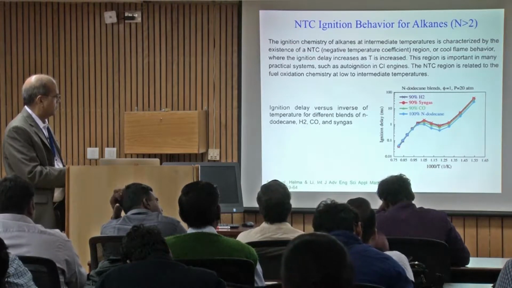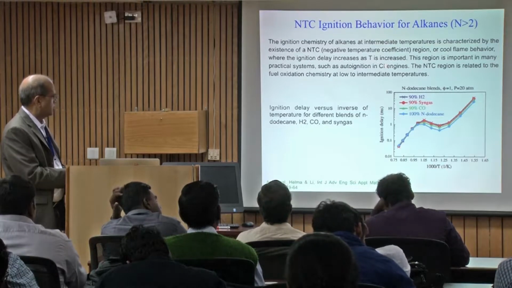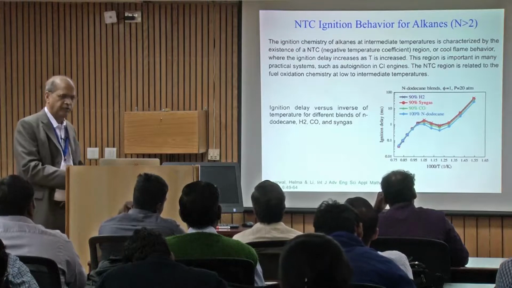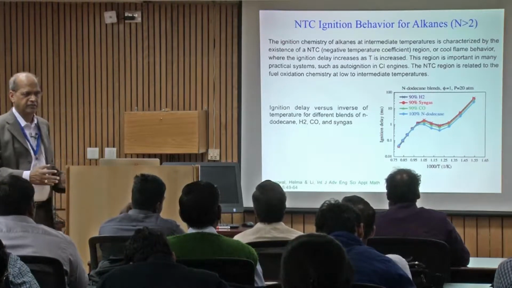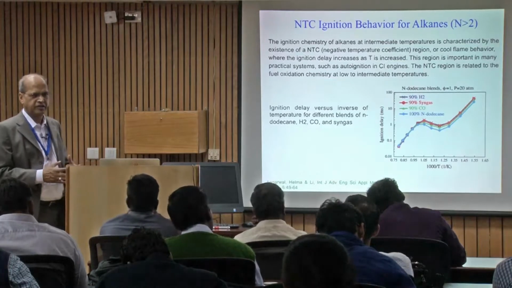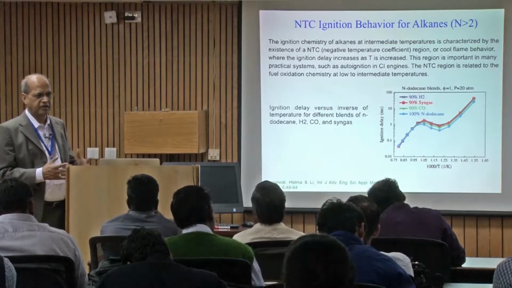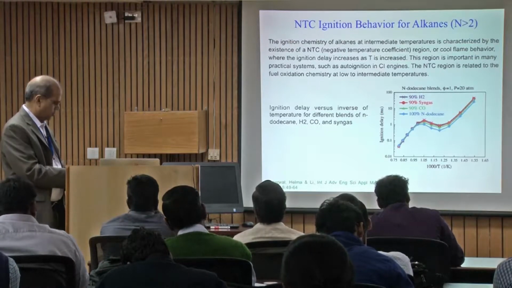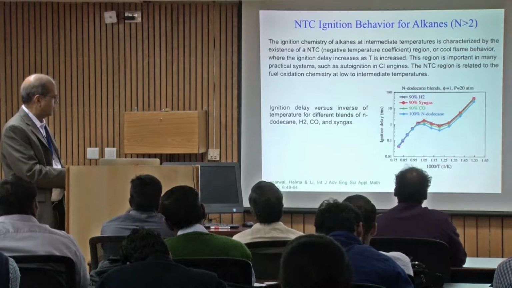It's also called cool flame behavior. This has been studied a lot because it is very important for diesel engine combustion, because the temperature in a diesel engine when ignition starts is around 900 to 1000 degrees.